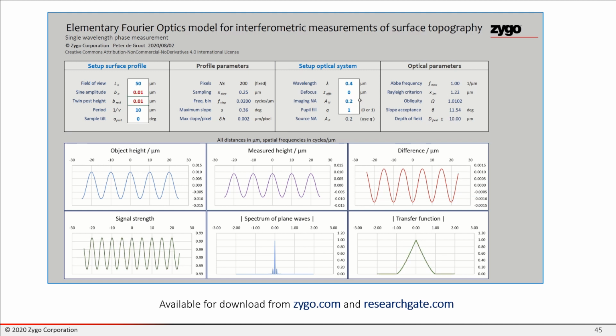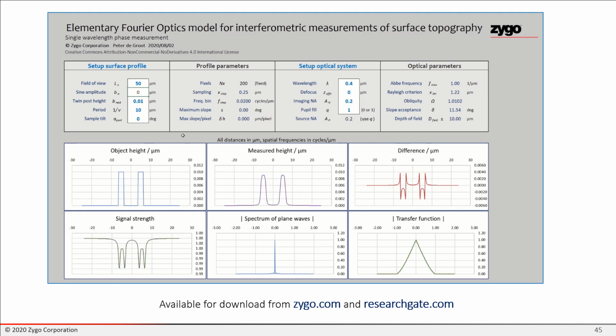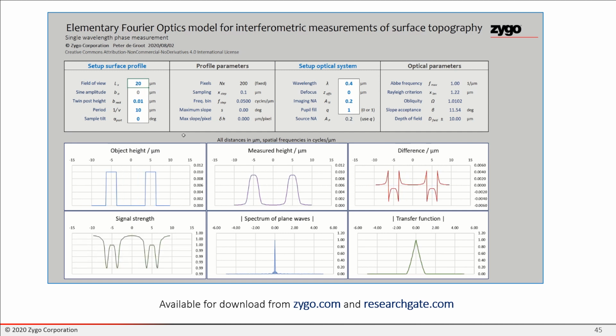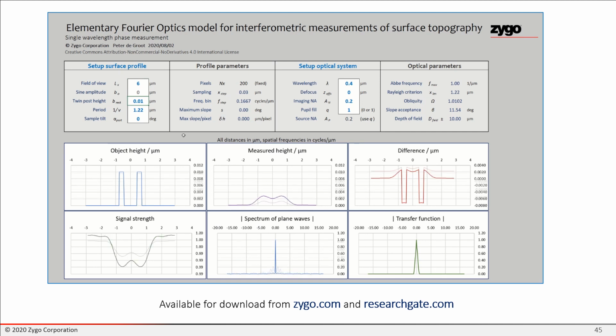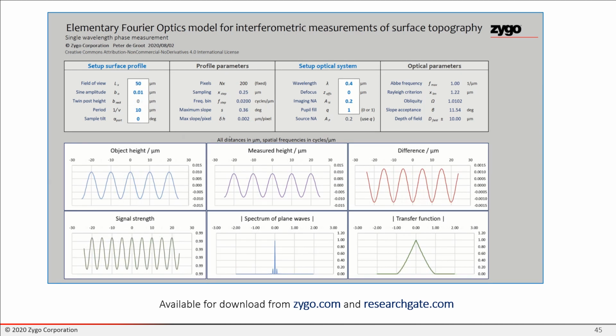You can change the numerical aperture. You can change the object to twin posts, and you can see what happens if you change the focusing properties, go from 0 to 4 microns, even 8 microns defocus and back. You see how things might be blurring. You can challenge the limits, as identified by the Rayleigh criterion. So it's quite a fun thing to work with, again, as a starting point.